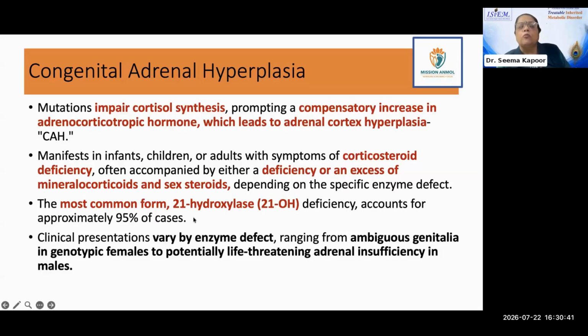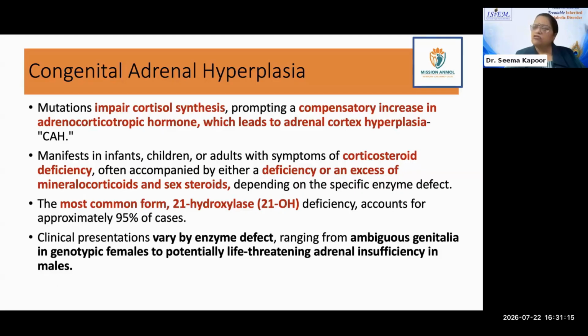So the most common form of this is 21 alpha hydroxylase deficiency, which accounts for 95% of the cases. Clinical presentation varies by the enzyme defect, ranging from ambiguity in genotypic females. Now here there is a very important catch. If it is a male child, there is no clinical sign on the baby. There might be a little increase in scrotal pigmentation.